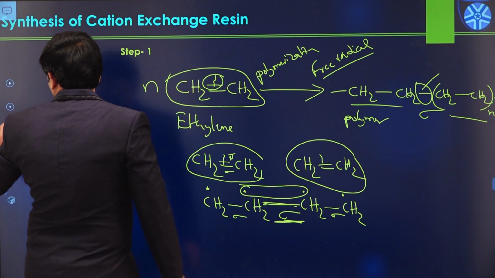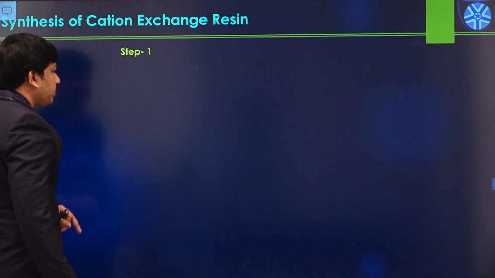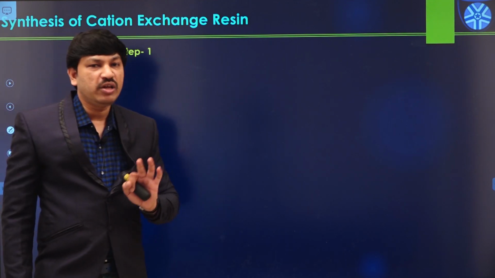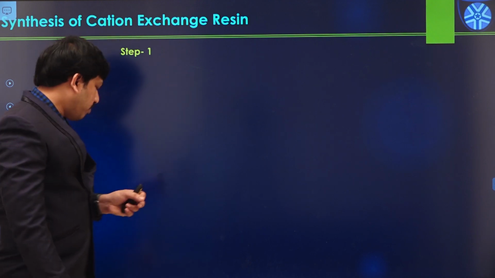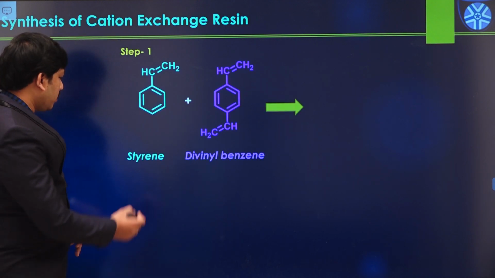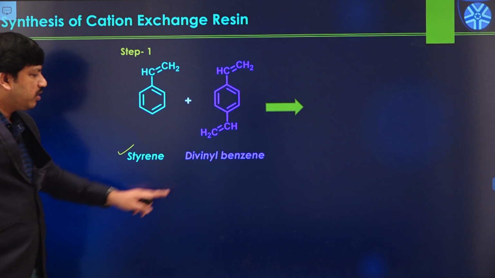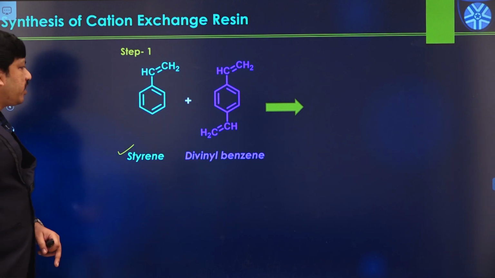But coming to our case, in our case also we have two different monomers. One is styrene and the second one is divinyl benzene.